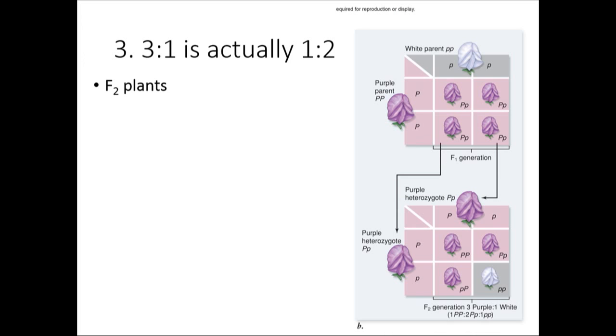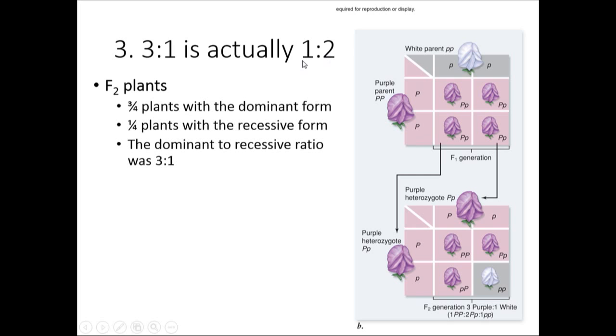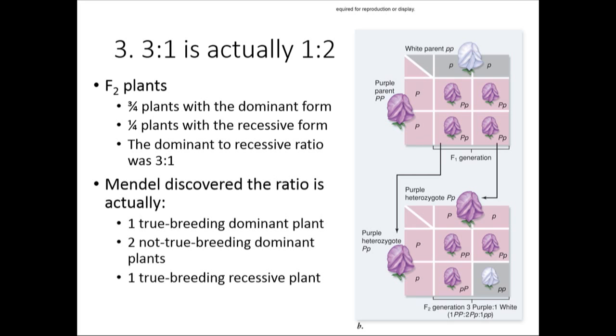So what Gregor Mendel found out was that the 3-to-1 is actually a 1-to-2-to-1 ratio. Sorry, there's a 1 missing there. So of the F2 plants, 3/4 of them were dominant, purple, and 1/4 of them were white. But when he self-crossed these individual purple and white plants, he found that 2 of the 4 were not true breeding.